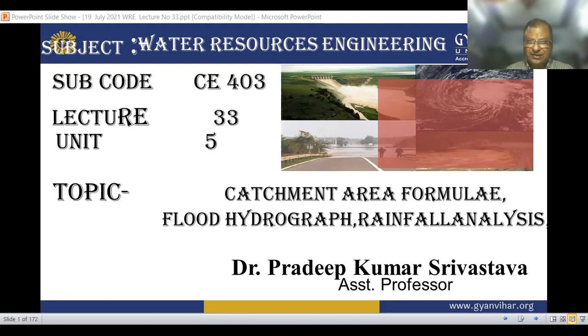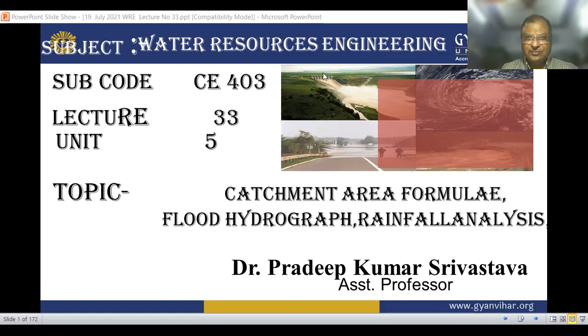Catchment area is the area where the rainfall has collected in one place. This is the catchment area.